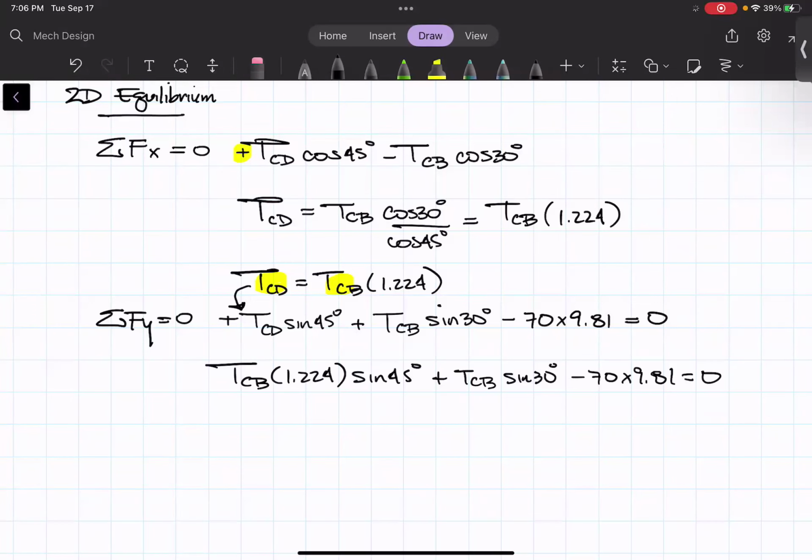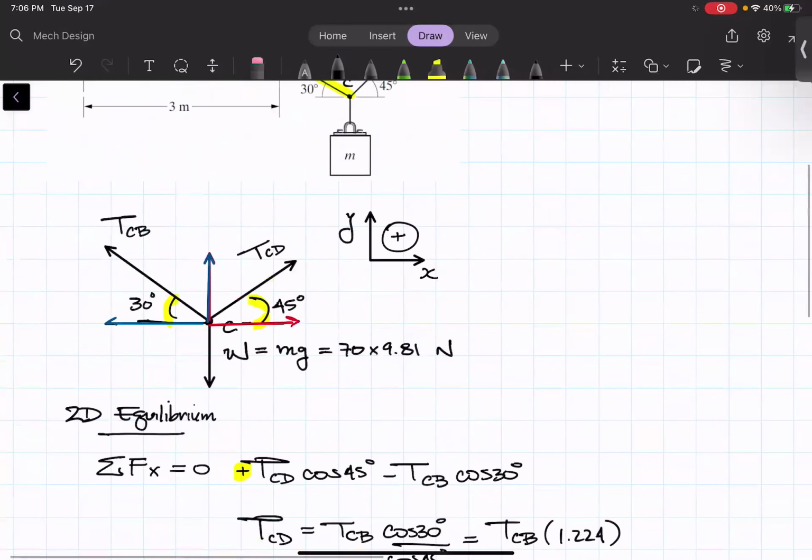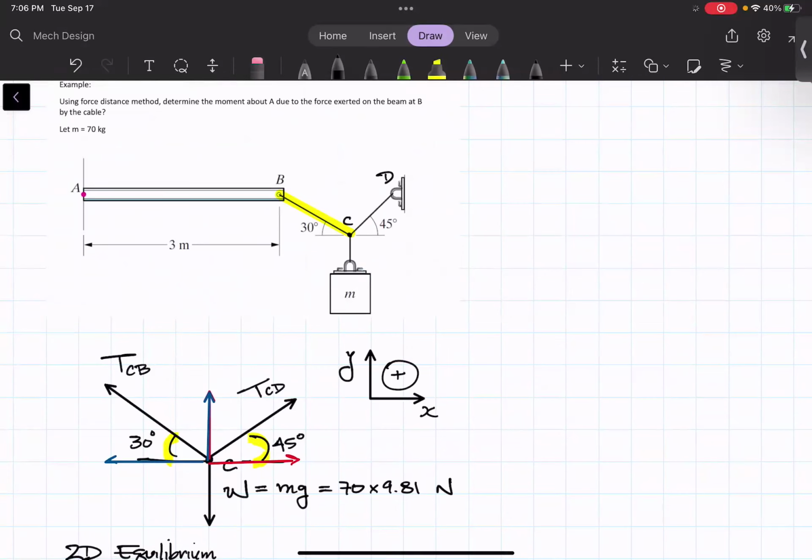We crank this out in our calculator and we get TCB times 1.365 equal to 70 times 9.81. Solving for TCB, we get 503.0 newtons. That is the force in question. TCB is the force at B.